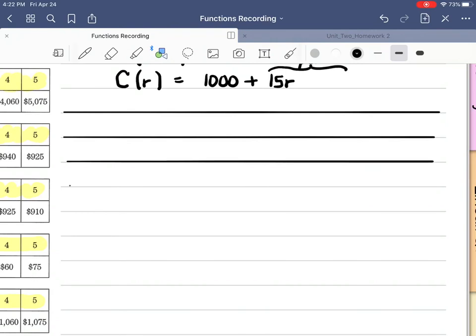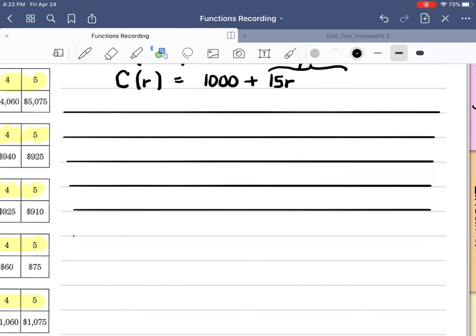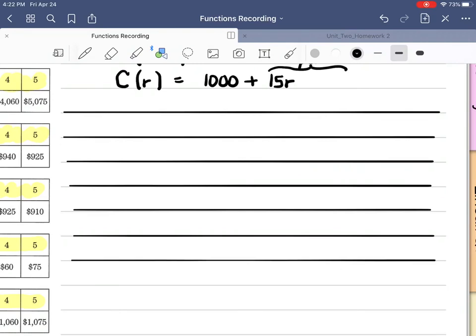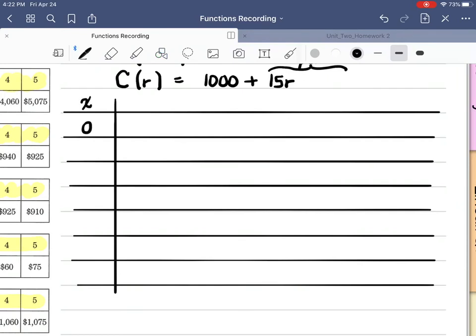And because I have this so blown up, I'm just making these one line. You can draw them however you want to. So I need a header, and then I need 6 input rows. So I need 2 more. And I'm going to make this my input column, this my function column, and we don't have to worry about consecutive differences. We are not doing that this time. So our inputs are the same ones that these guys chose to use.